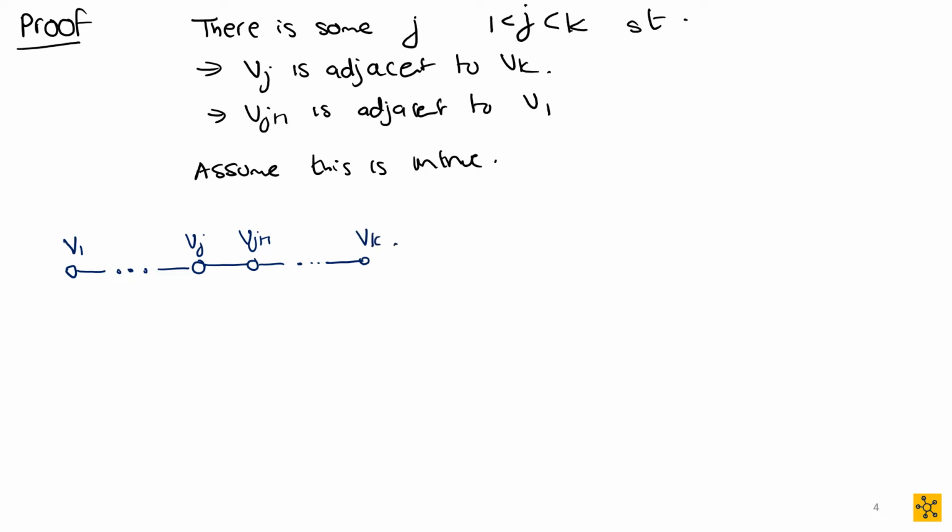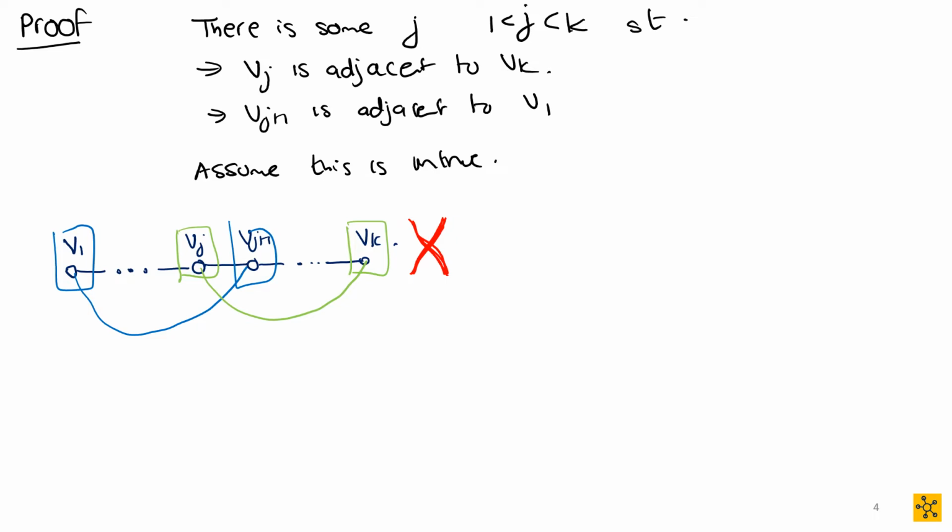Now, previously, we said that Vj is connected to Vk, and Vj plus 1 is connected to V1, and by doing that, we have a cycle. Now we're assuming that there is not an overlap situation occurring. So we're assuming this cannot happen. By that we mean we don't have this, or we don't have that, or we don't have both of them.